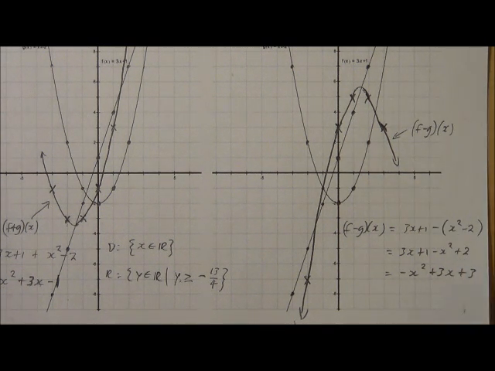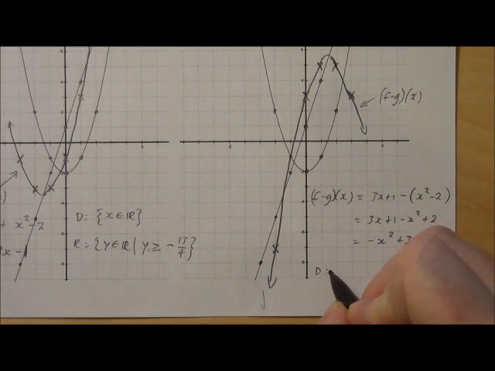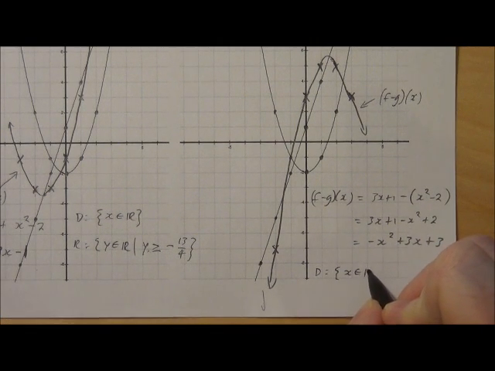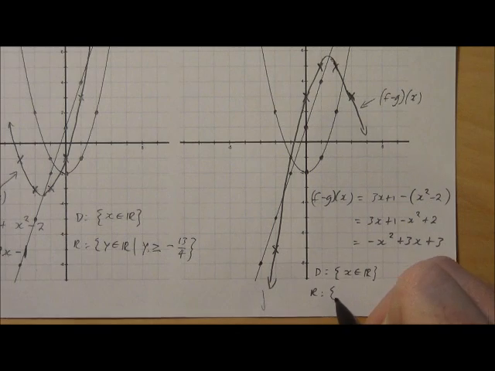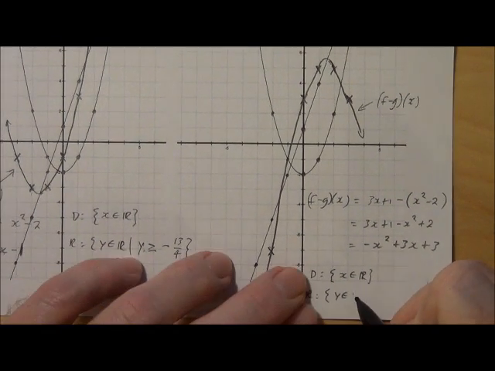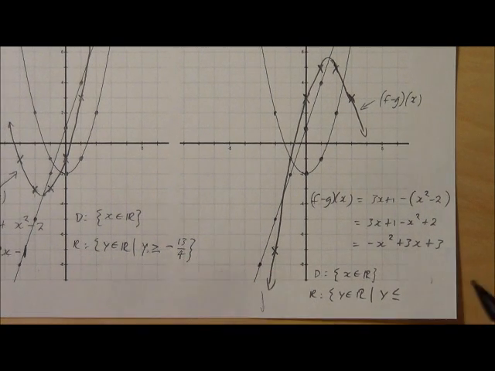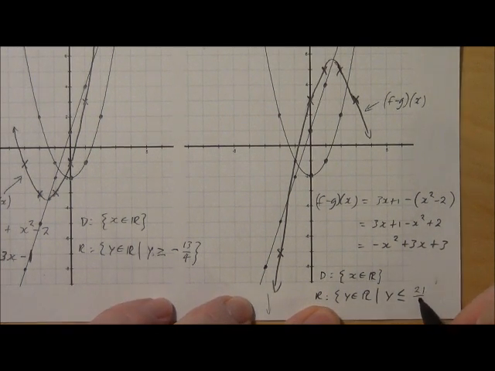And for the domain of this other one over here, again, because it's a parabola, a quadratic, x is an element of all real numbers, and the range, y is an element of all real numbers, such that y is less than or equal to 5 1/4, which is going to be 21/4.